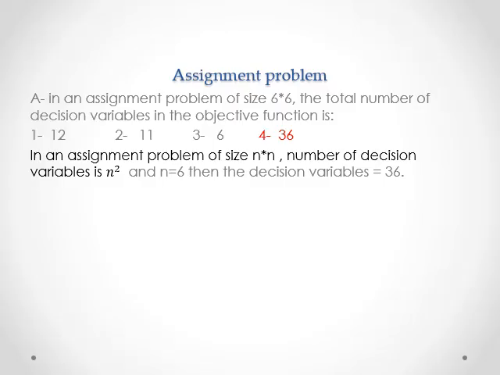An assignment problem of size n times n has n power 2 decision variables, and if n equals 6, then the decision variables equal 6 power 2, equal 36.